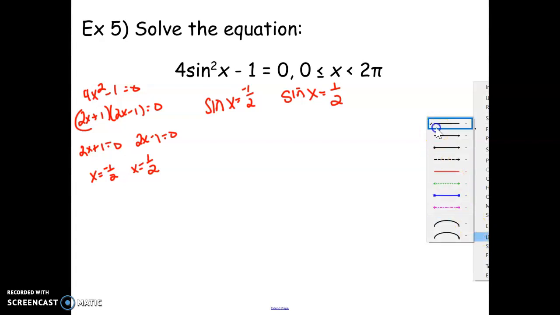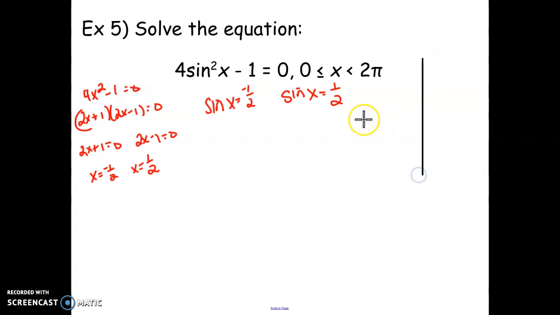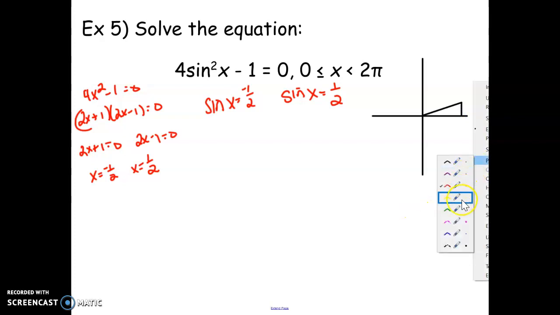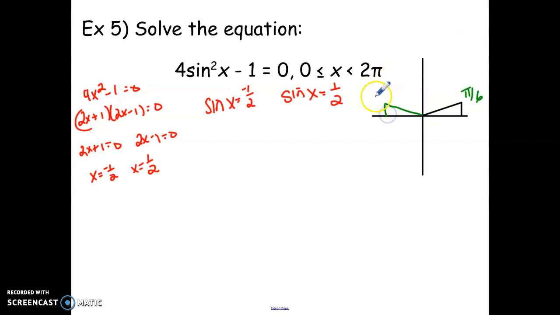So really we need to find our reference angle and then just use that to find the angles in all four quadrants. So sine is 1/2 at our pi over 6 here. Okay, our y is the short side. So at pi over 6, that happens here, first one, for positive. If we go to this angle here, this is going to be pi minus pi over 6.